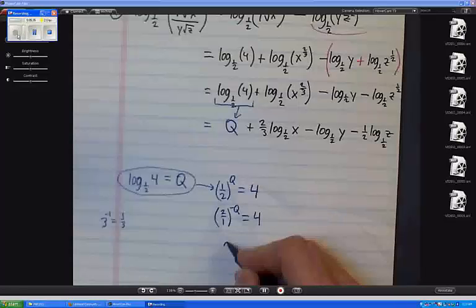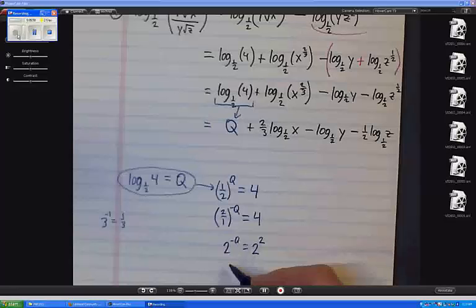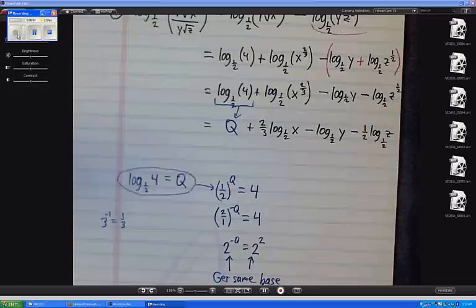You guys got this now? If 2 to the negative q is on this side, how am I going to rewrite 4? 2 to the second, right? Because what's the goal again, guys? We want to get the same what? Get the same base. And this is where Barb was saying, she didn't know how to get the base to be 1/2, and I didn't either. But with my trick, I can get the same base. I can get them both to have a base of 2. And now, coming over here, let's see. So what do I do next?